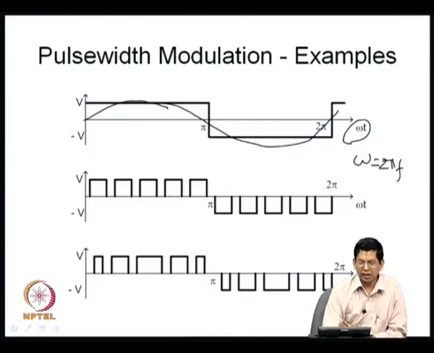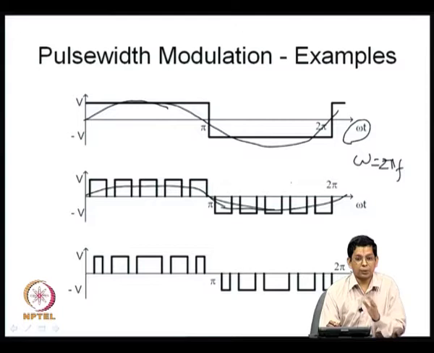In the second waveform I have indicated 5 positive and 5 negative pulses, all of equal width. These again produce a fundamental component, but its amplitude is a little lower than the amplitude of the first case. The square wave gives the highest possible amplitude.